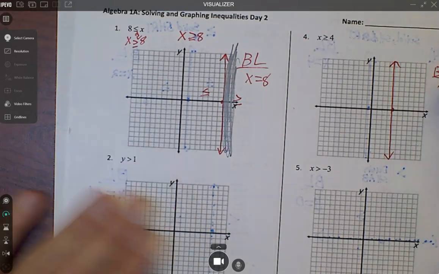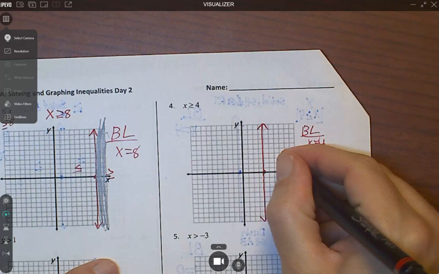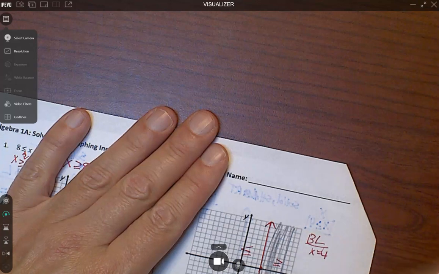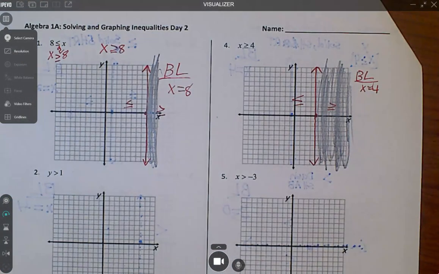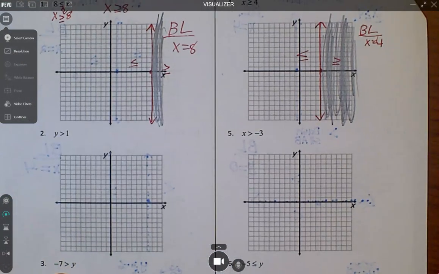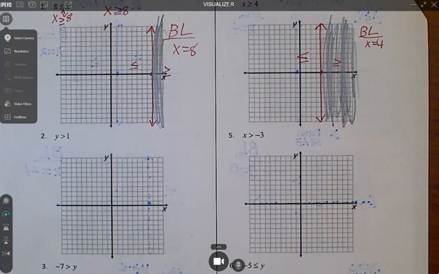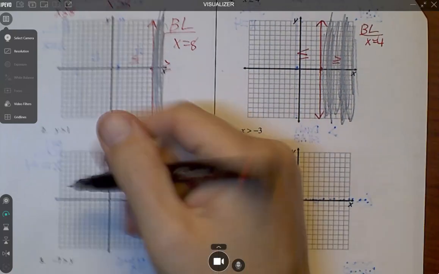Alright, back to this. Okay, we need to go where the x's are bigger. So any ordered pair over here has an x coordinate that's bigger. A lot of people test 0, 0. That's another way you could do it. Shade in the direction that it'll work.